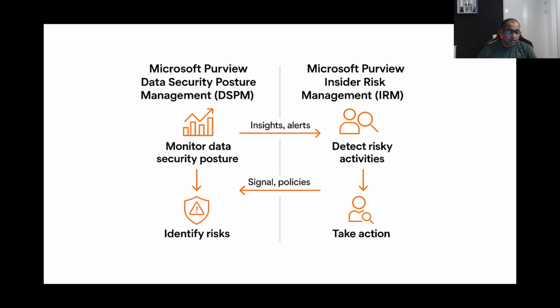So DSPM is at a high level. Once you enable it, you identify where the sensitive data is and identify the vulnerabilities, and then with DLP or Insider Risk Management, you will be able to detect that in a better way and prevent that kind of data exploitation from happening. So for me, the real power comes when these two work together.